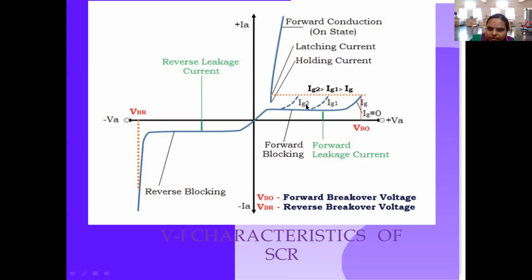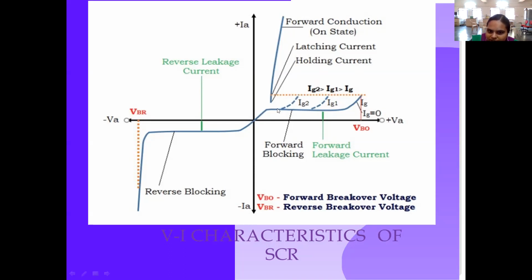In forward conduction, as anode voltage is increasing, it depends on the gate current. Here it is given for different currents, IG2, IG1 and IG. It is based on the IG current, that is, what we apply from the gate.